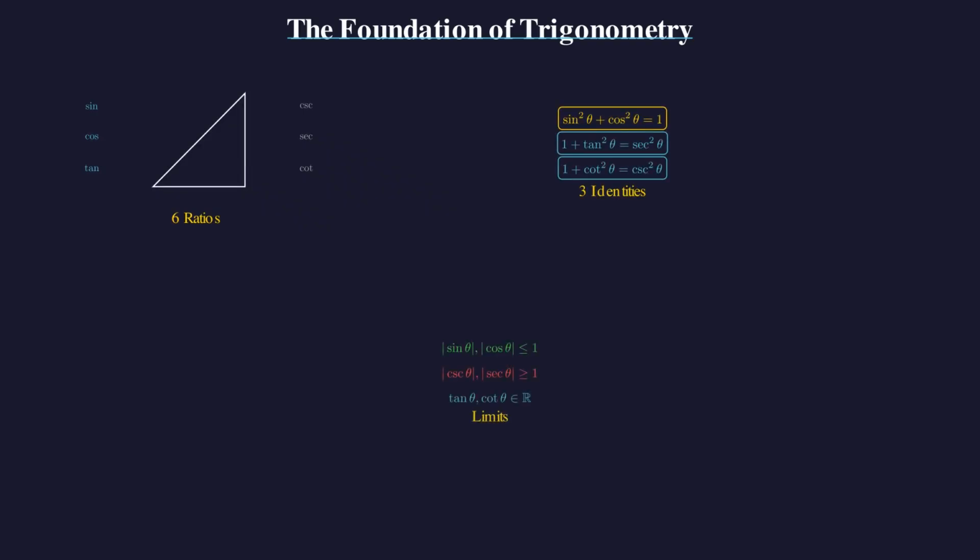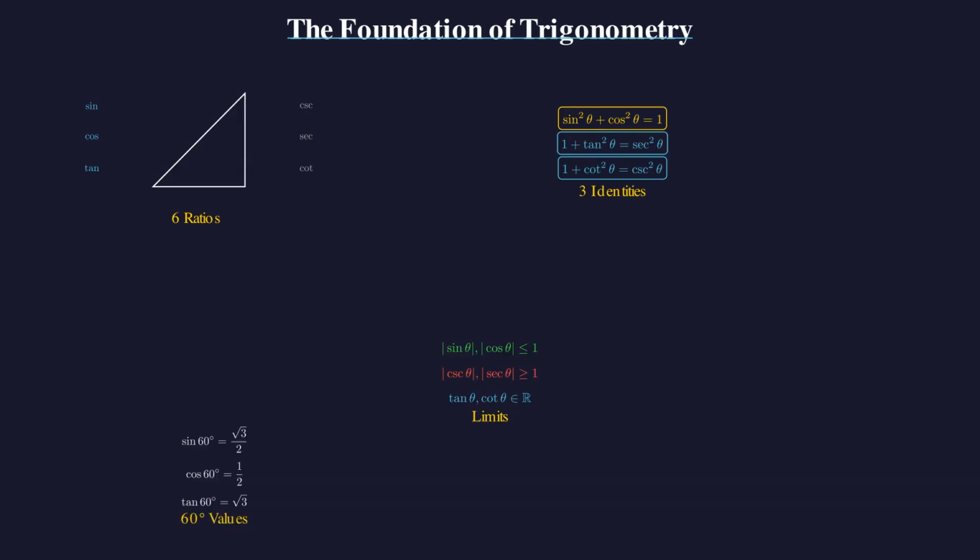Let's bring it all together. From one right triangle, we built 6 ratios, 3 primary, 3 reciprocal. We derived 3 Pythagorean identities by dividing one equation 3 ways. We discovered sine and cosine are bounded between -1 and 1.